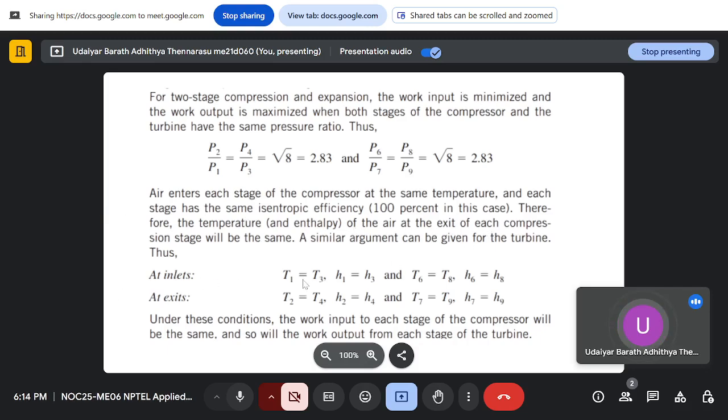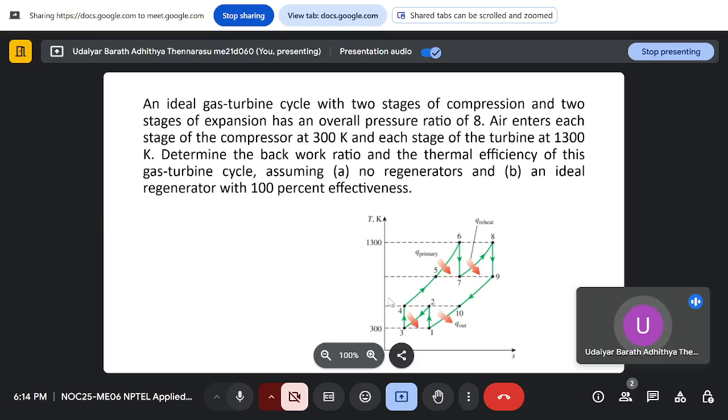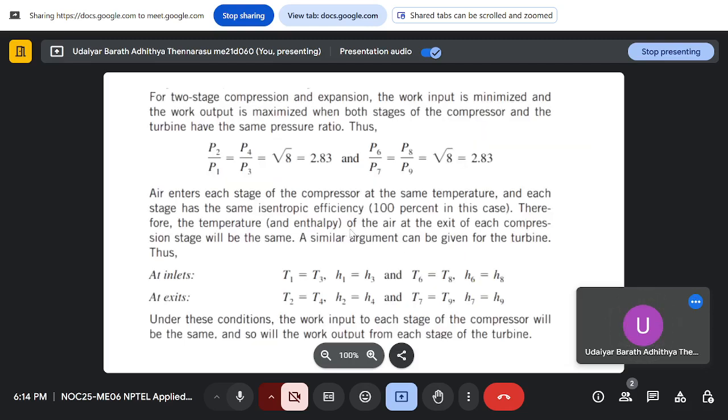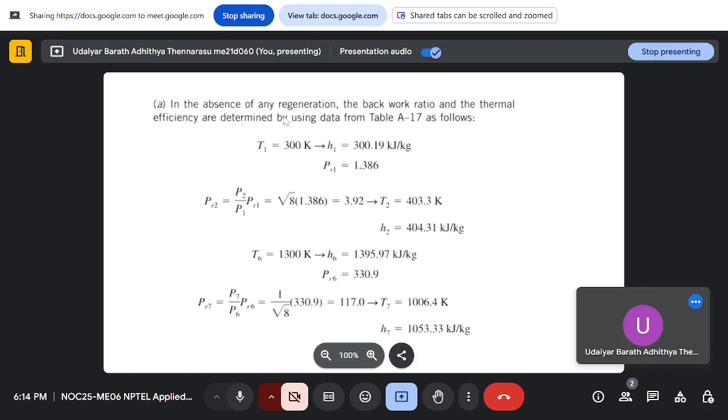So at each of the compressor inlet and compressor exit, your enthalpies are the same, and the same for the turbine. When there is no regenerator present, T1 is 300 Kelvin and the enthalpy corresponding to that is 300.19 kilojoule per kg. This can also be written, assuming an ideal gas, as Cp into T, assuming enthalpy is 0 at T equals 0.